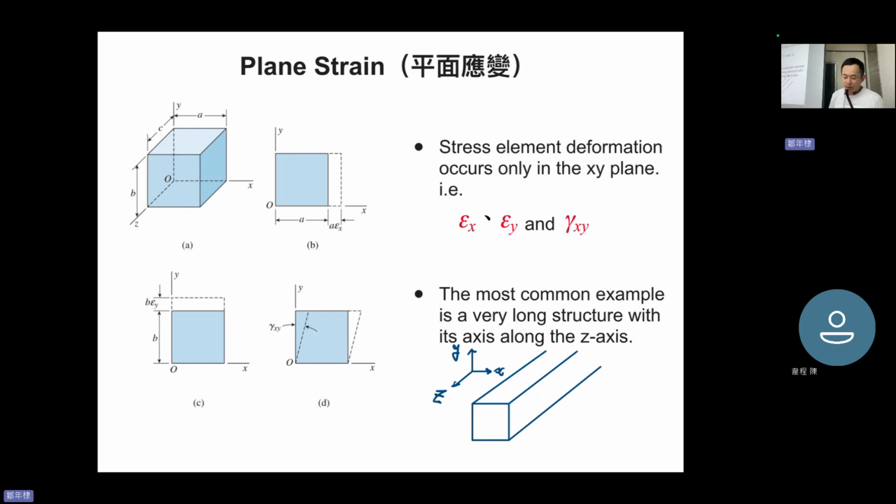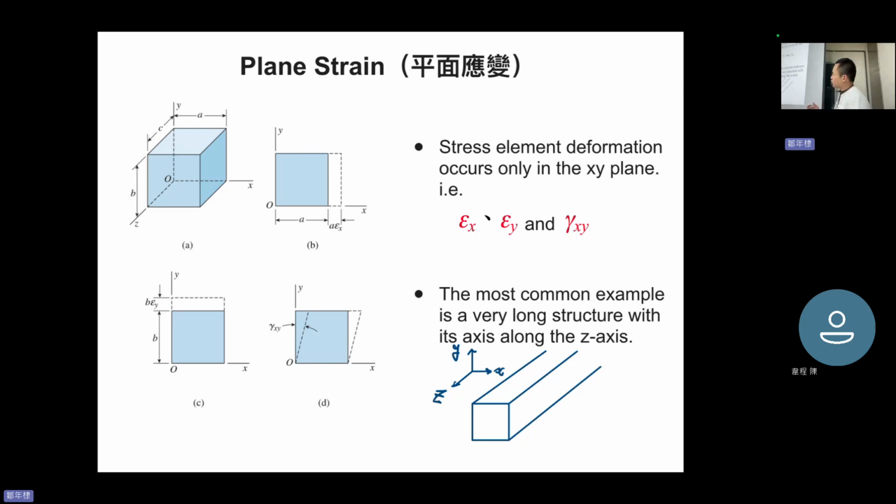So the most common example for plane strain is a long material along the z direction. You will have a very long original length, which makes any deformation or displacement close to zero, very tiny compared to its original length.